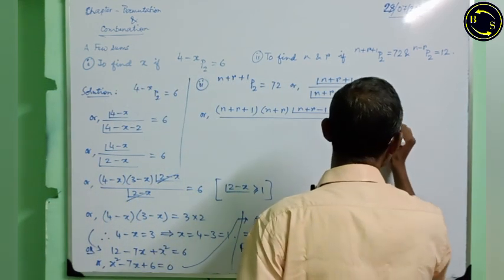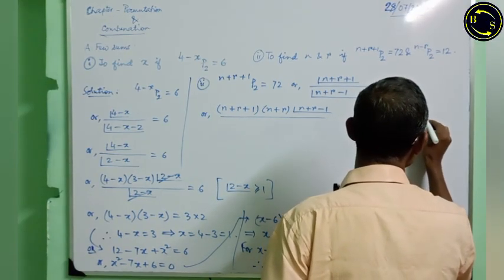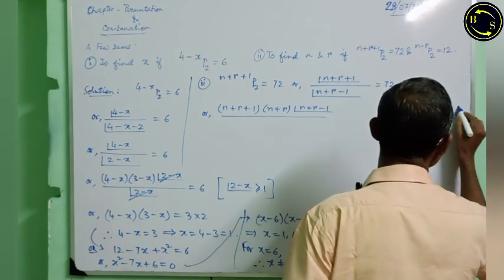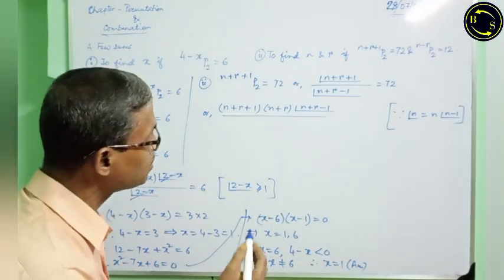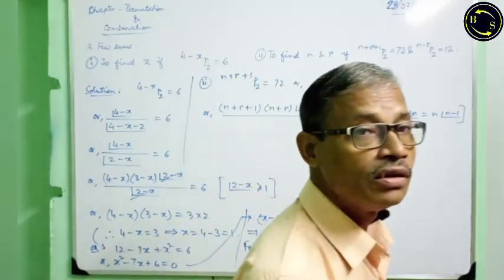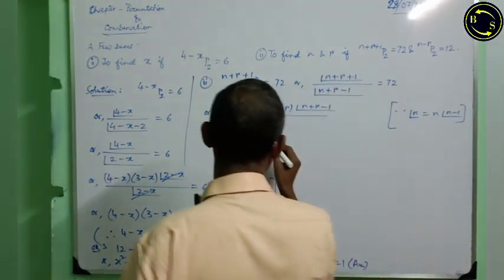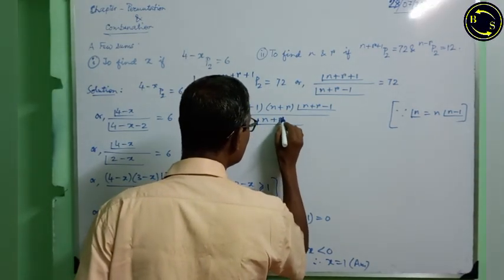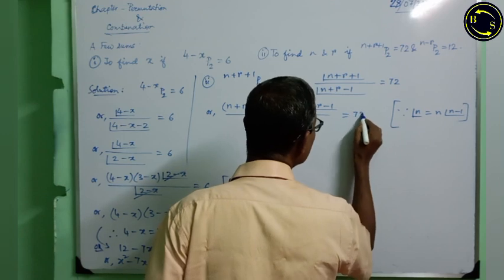You can mention here, since factorial N is equal to N into factorial N minus 1. It is better to mention these things in the initial stage. By factorial N plus R minus 1 is equal to 72.